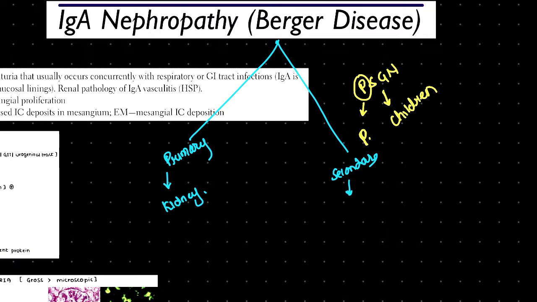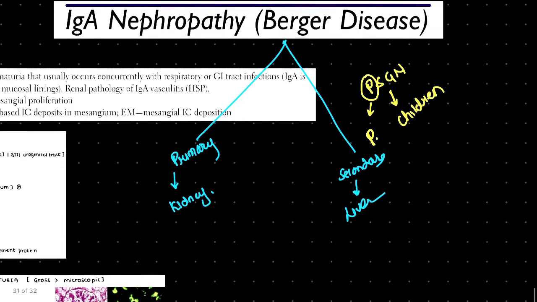But in the case of secondary, there will be involvement of our liver also, and celiac sprue also.